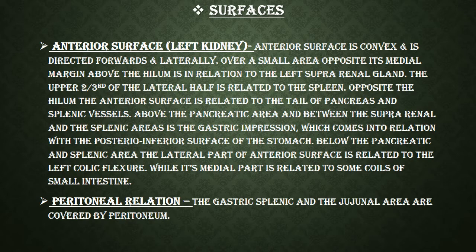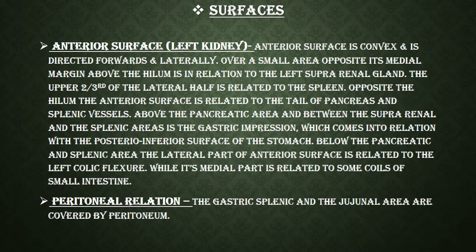Below the pancreatic and splenic areas, the lateral part of the anterior surface is related to the left colic flexure, while its medial part is related to some coils of the small intestine, that is, some coils of jejunum.